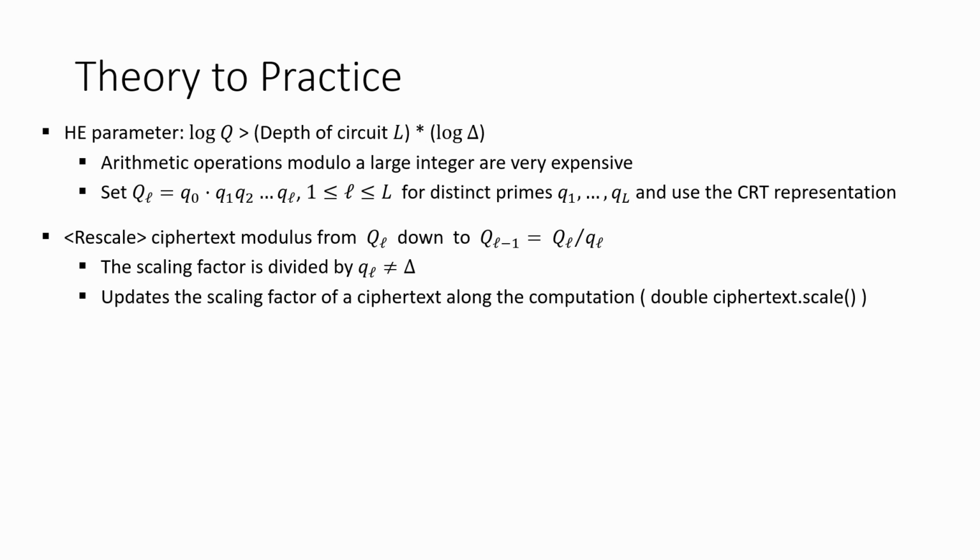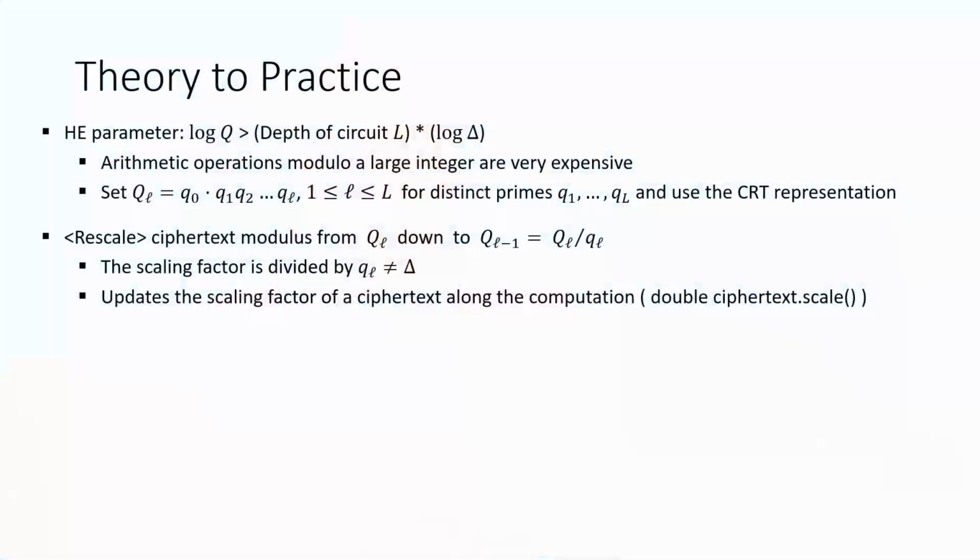But the thing is, if we play with the chain of ciphertext moduli, then the rescaling operation at level l basically divides the ciphertext, and thereby the plaintext, by small ql, not by delta. So we can go to only some predetermined ciphertext modulus. We can't divide the ciphertext by just an arbitrary number, but only by some predetermined primes in the parameter setting.